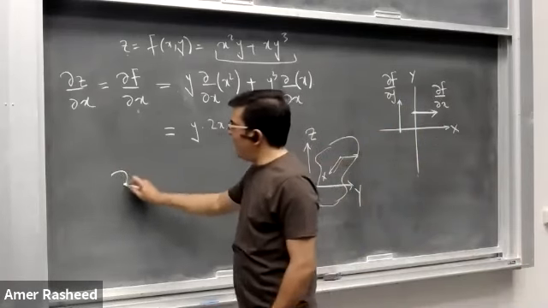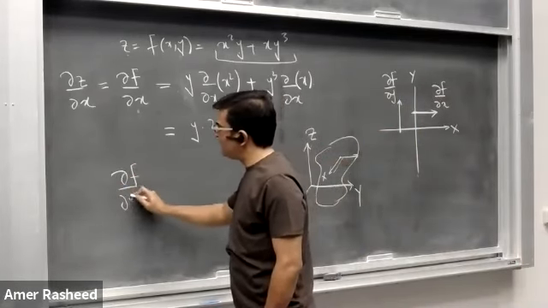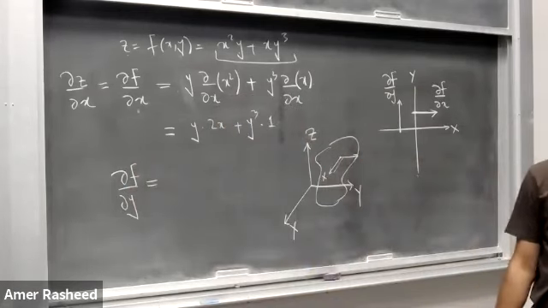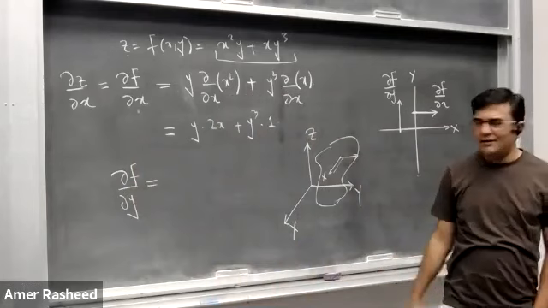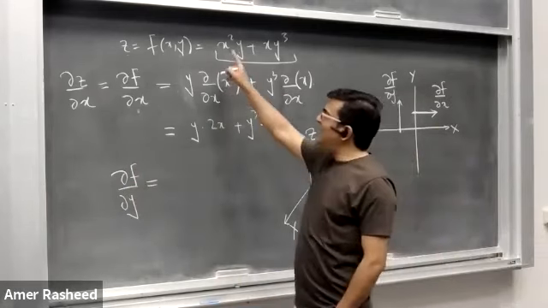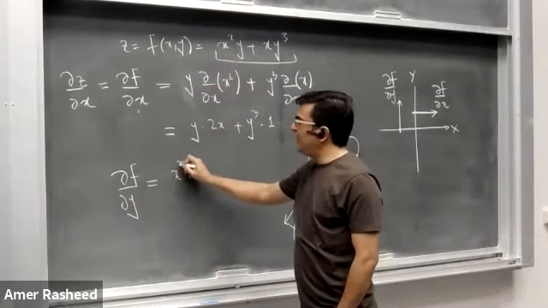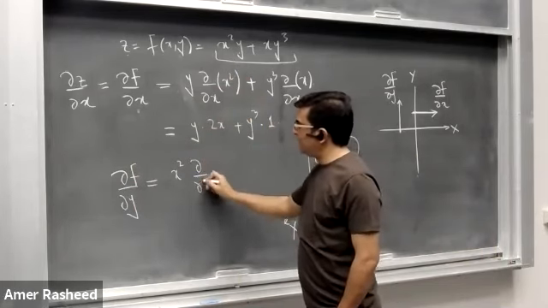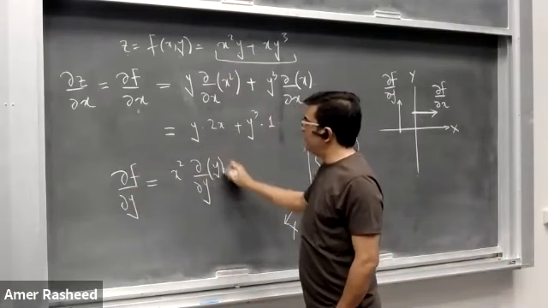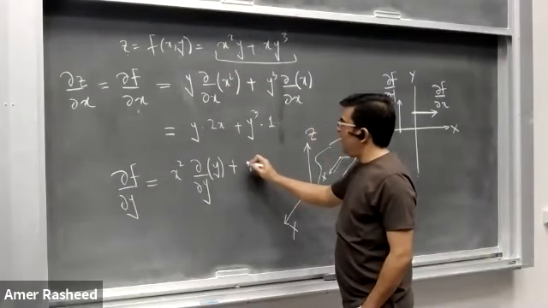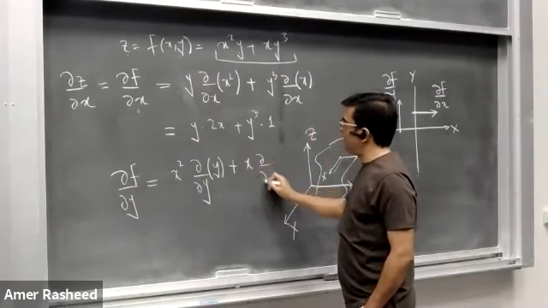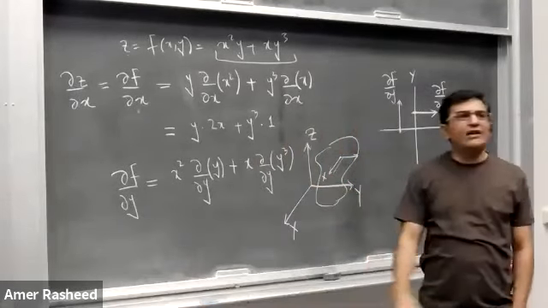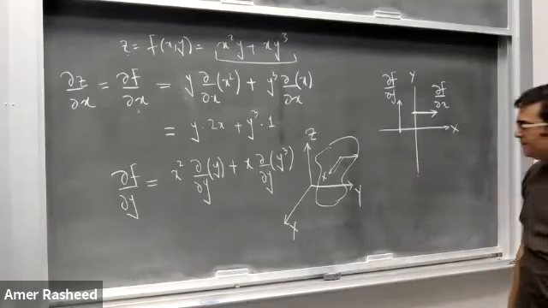Now, if you want to find partial f over partial y, you are going to compute the rate of change of f in the y direction. In that case, x will remain constant here. So x squared is a constant. It can be written outside the derivative. So this will be this plus x, partial by partial y of only the y variable, because only y changes here, x doesn't change here.